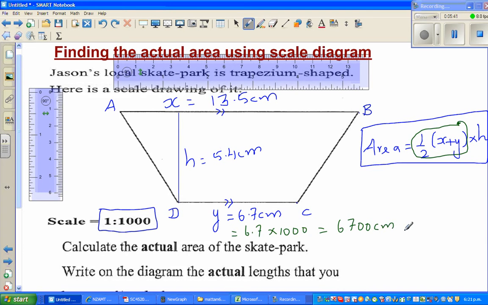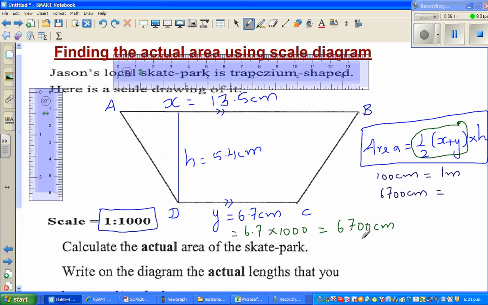100 centimeters is 1 meter. So 6,700 centimeters is how many meters?